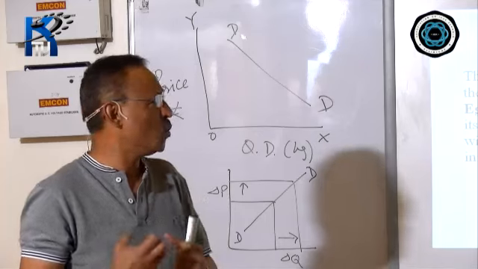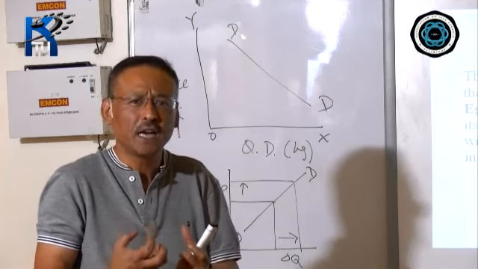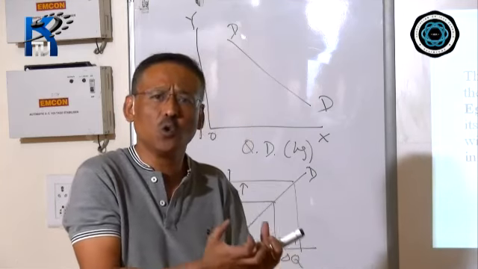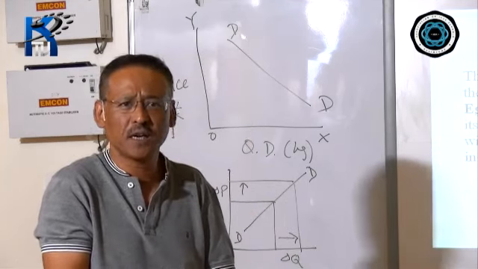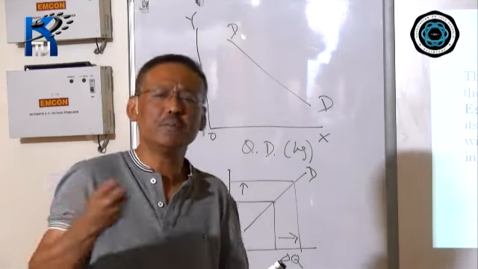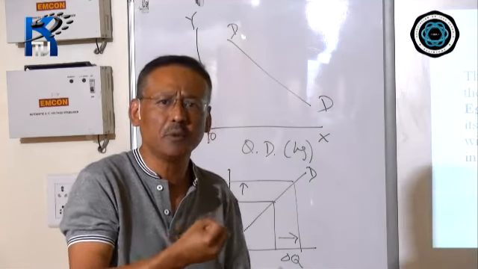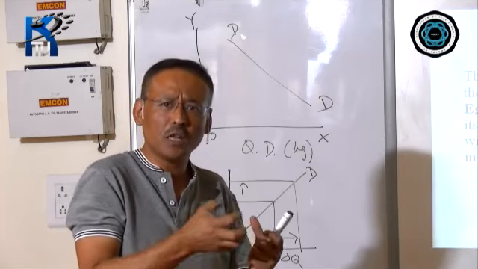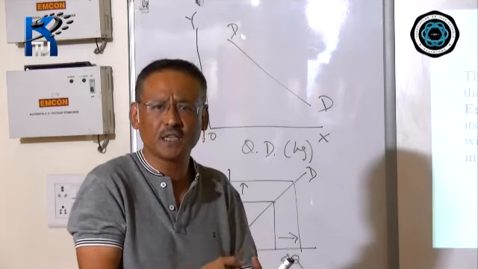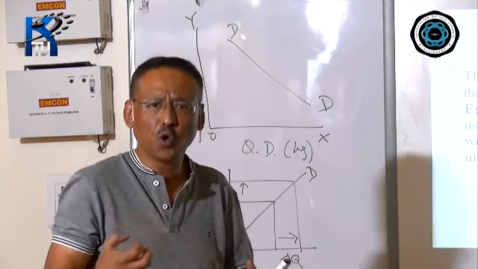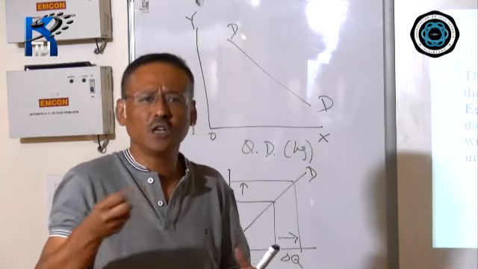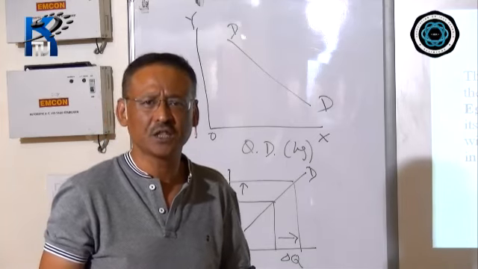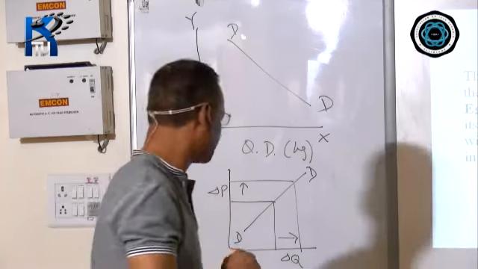When the price of this low quality rice falls, what do you think? You will think the demand should increase because price falls, but it doesn't behave like that. When the price falls, the poorer people switch over to superior quality rice because their real income has increased. Let's see what exactly happens.